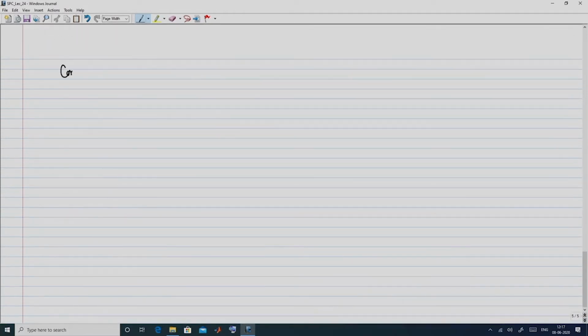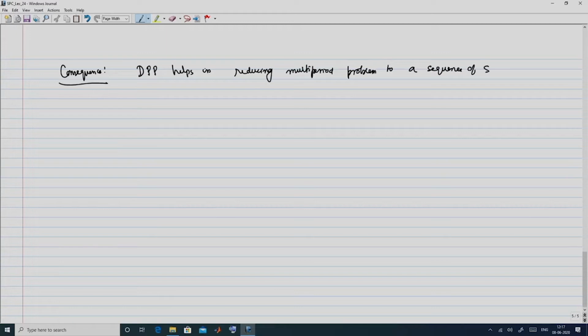So, what is the consequence of this? The consequence is that DPP helps in reducing a multi-period problem to a sequence of such single period problems through a backward algorithm.